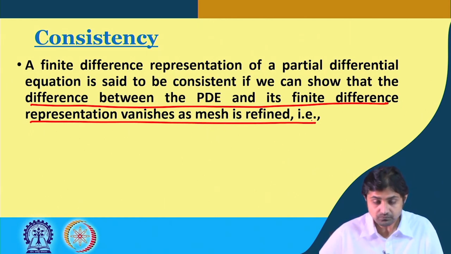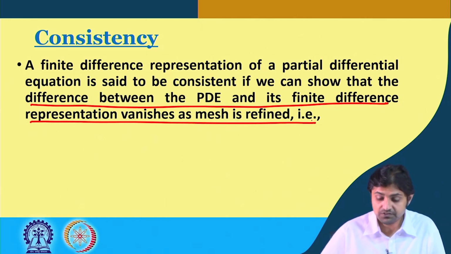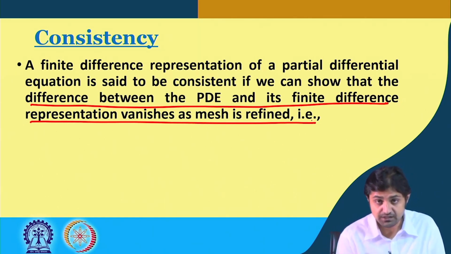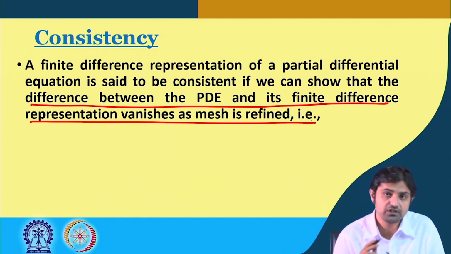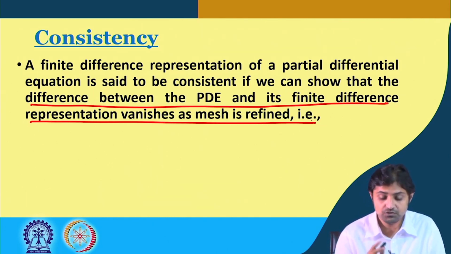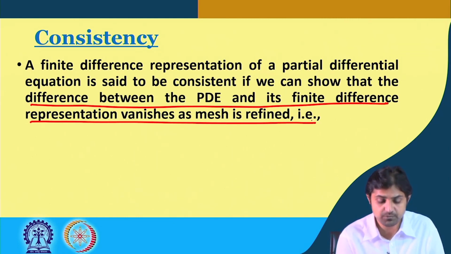In different words, we said that we are going to represent the partial differential equation in an algebraic form, correct? This algebraic form is currently the finite difference method, right? We are using the method of finite difference to represent it in algebraic form.